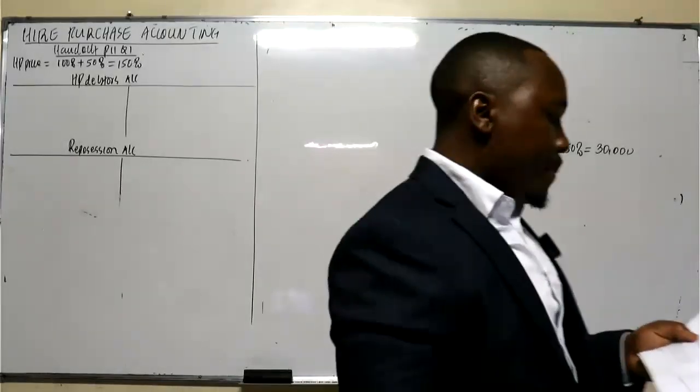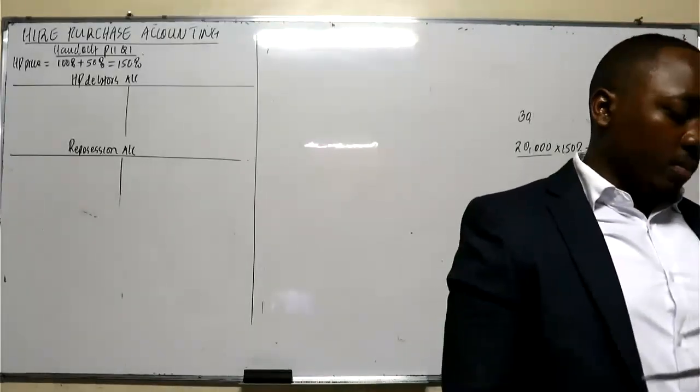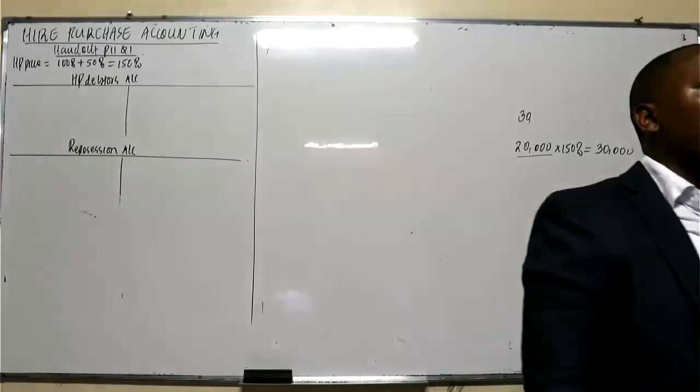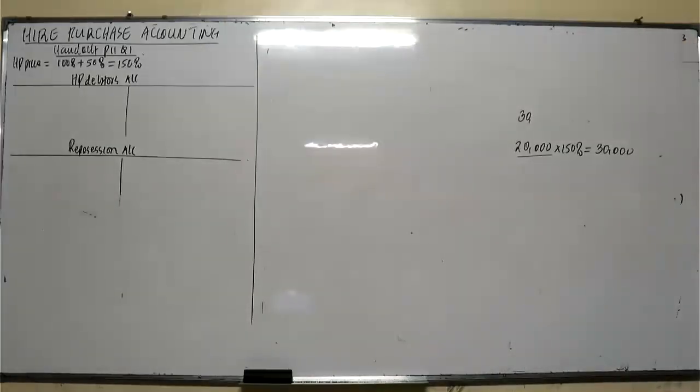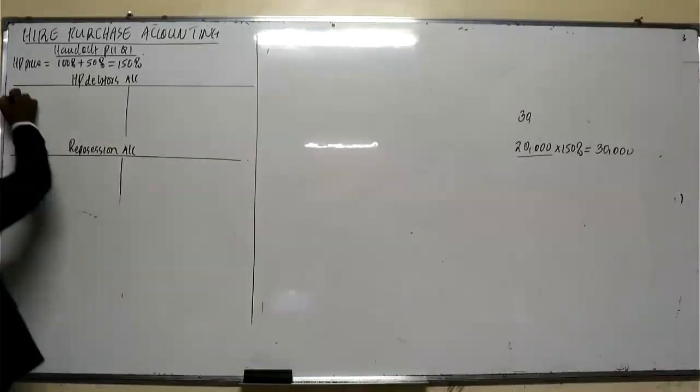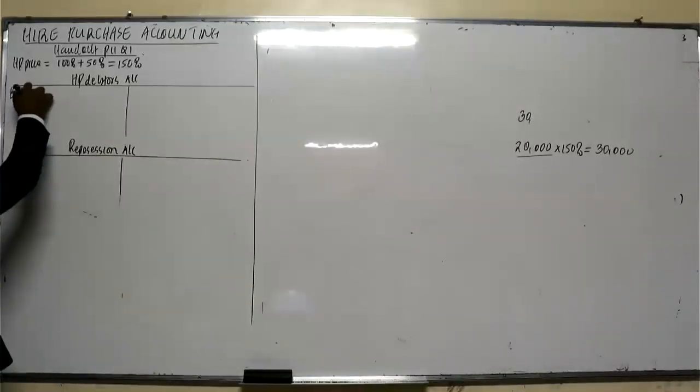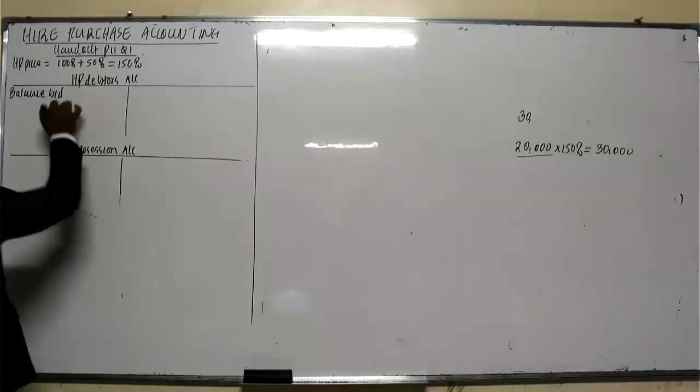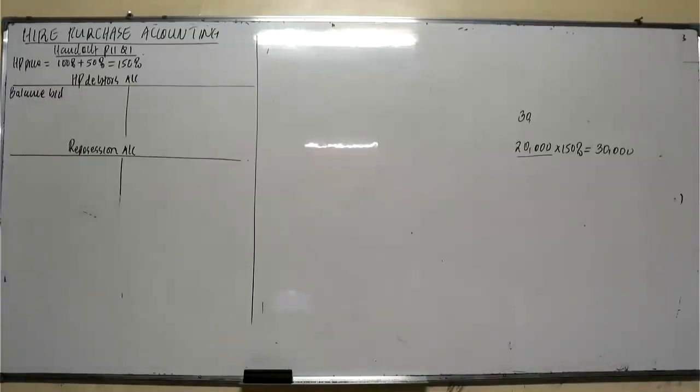Then there is hire purchase installment due, less provision for unrealized profit. Write it in brackets, debtors. Those are our debtors.